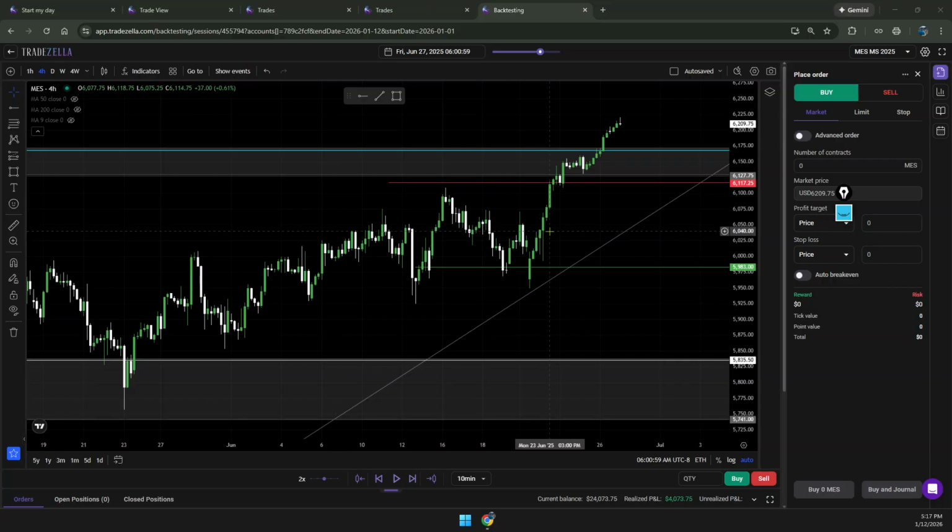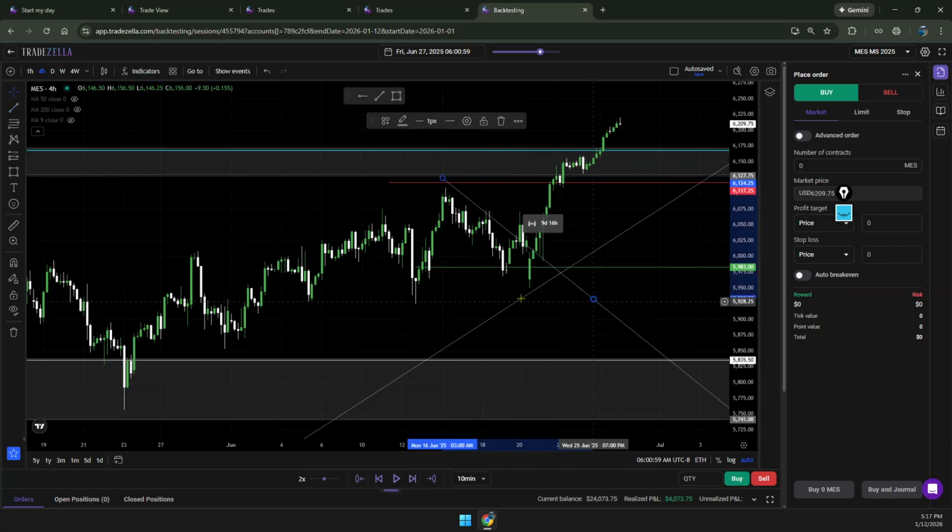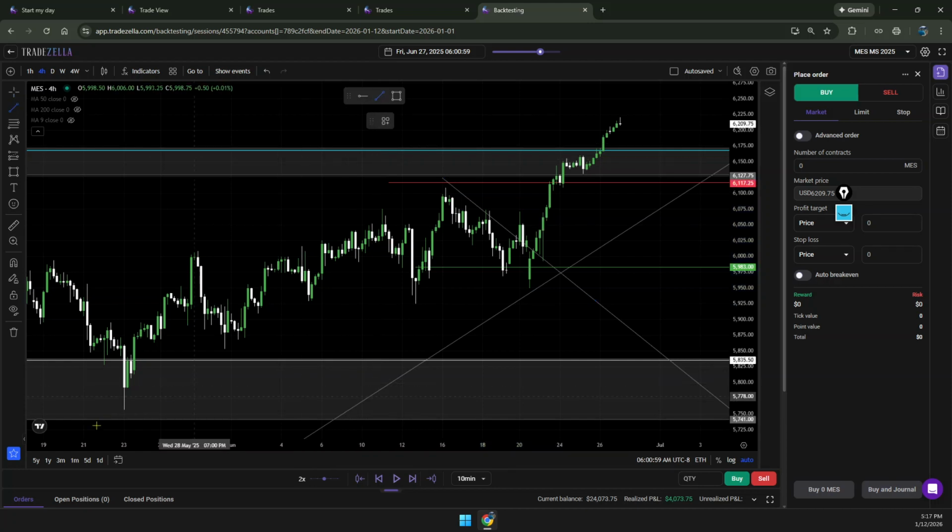The other option is taking profit at a trend line. So if you're looking at a trend line, you're in this here, and you know that it's coming down to this new trend line. You took price.